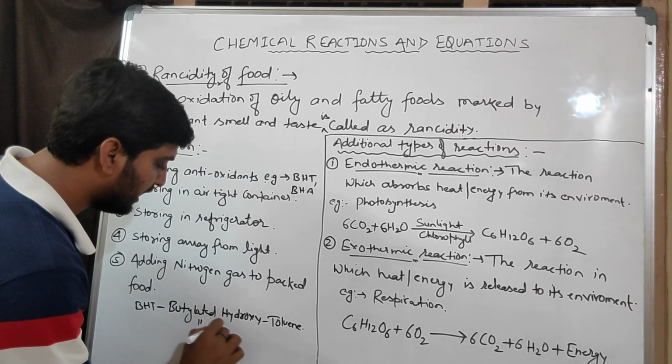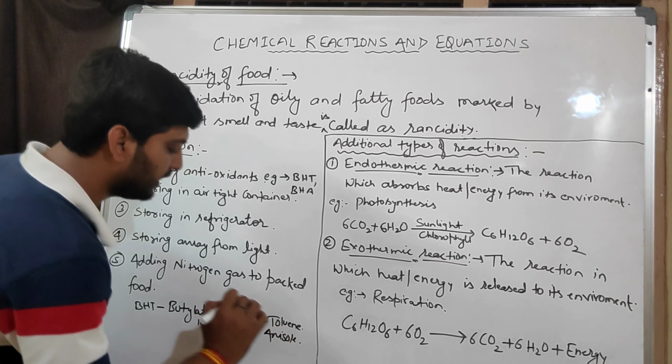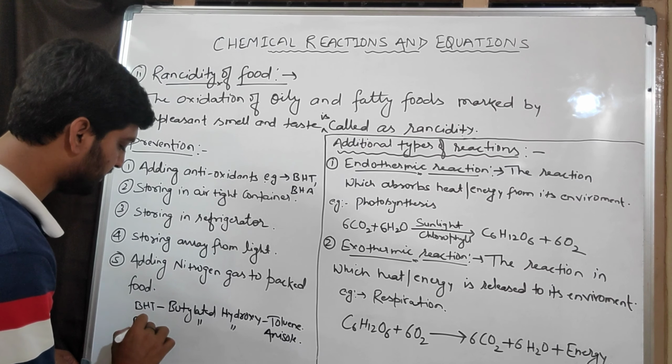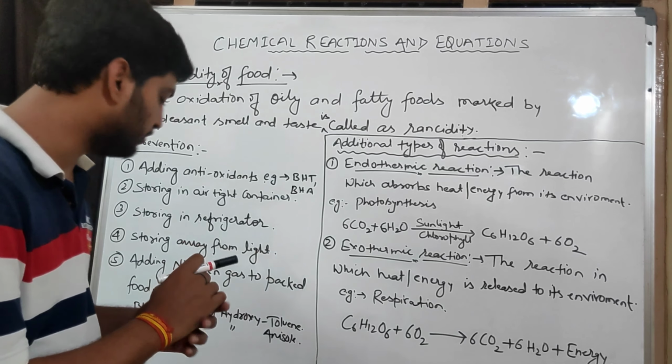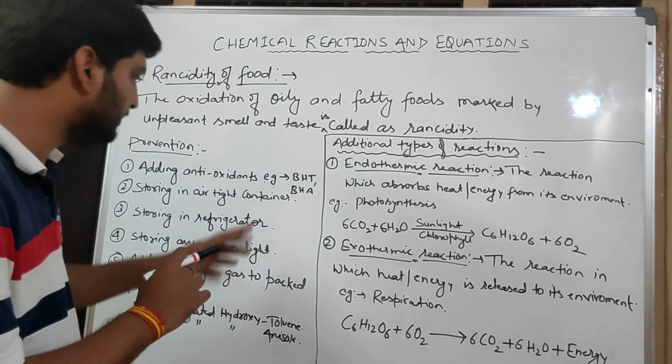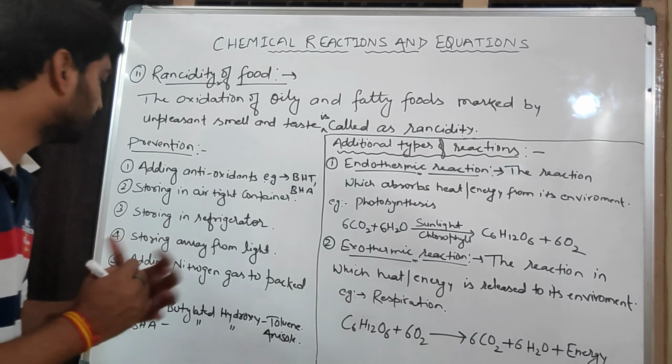BHA is butylated hydroxyanisole, and BHT is butylated hydroxytoluene. These two are the antioxidants which are added to food containing oils and fats.